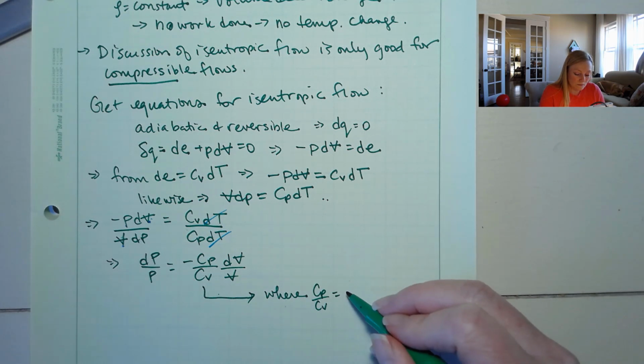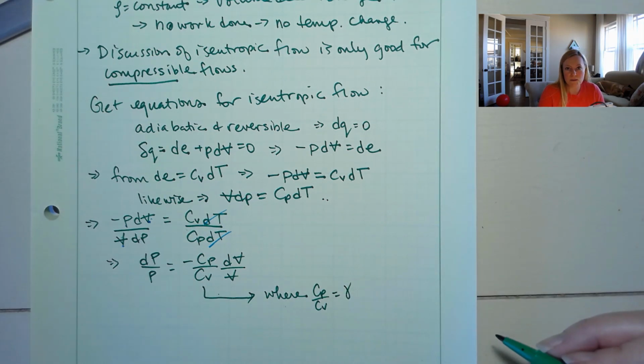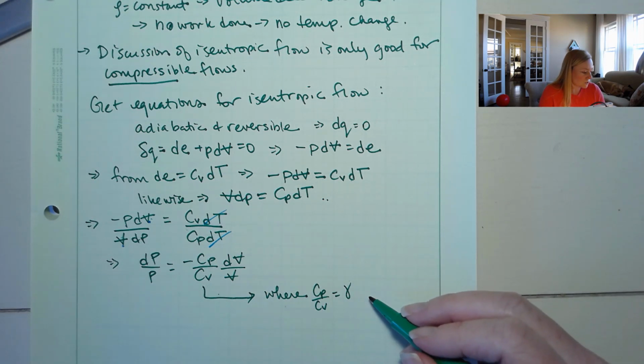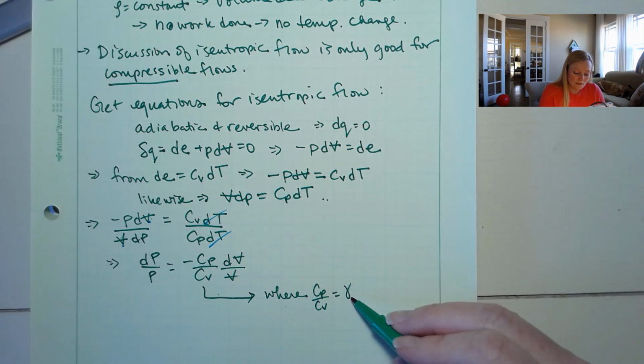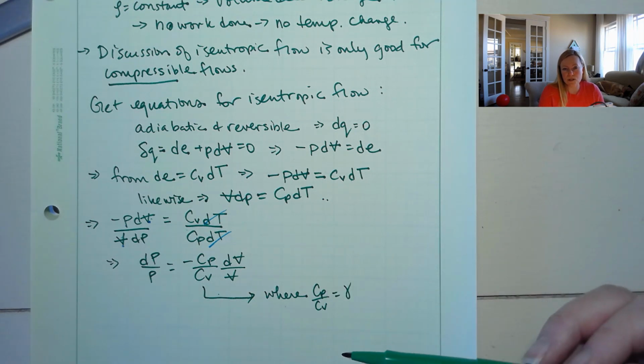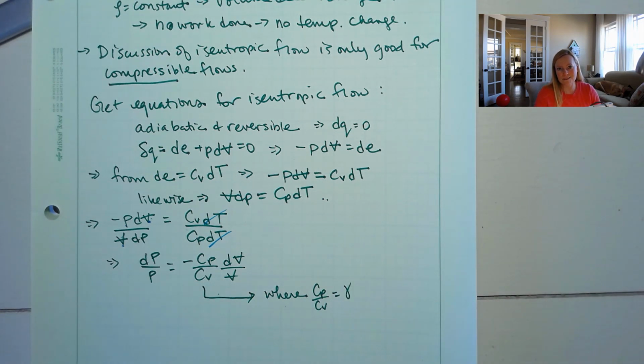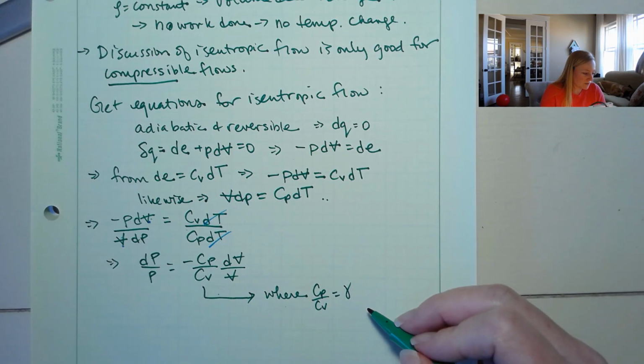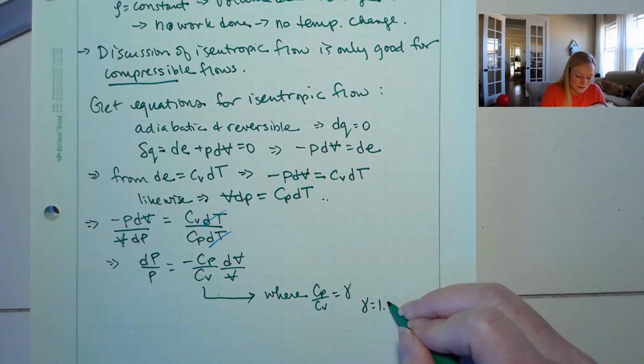I'm going to use gamma because that's typically what they use for aerospace applications. So we're going to say this is gamma. Now, obviously, this would change based on your substance. For this course, this is aerodynamics, right? So we have air. So we're going to have just one value to worry about, and we're going to say it's 1.4.